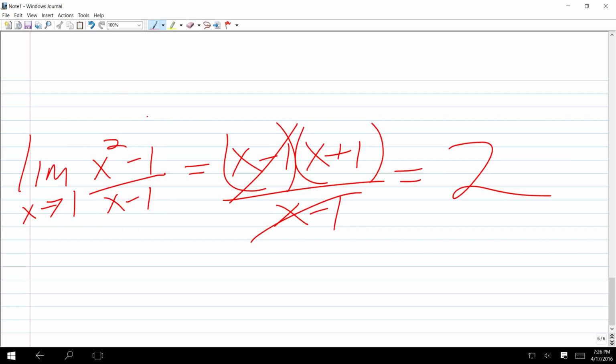So the secret to the difficult limit problems is, all of the difficult limit problems are 0 over 0. There isn't a single limit problem that's not 0 over 0 that's hard. Every other one is either a number over 0 or 0 over a number.